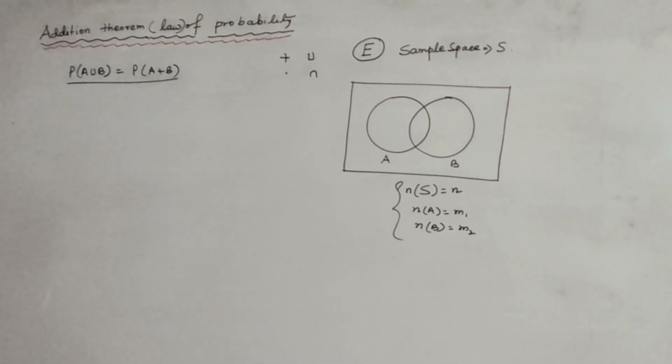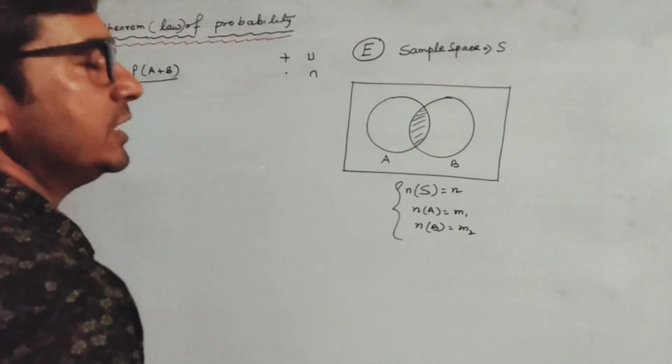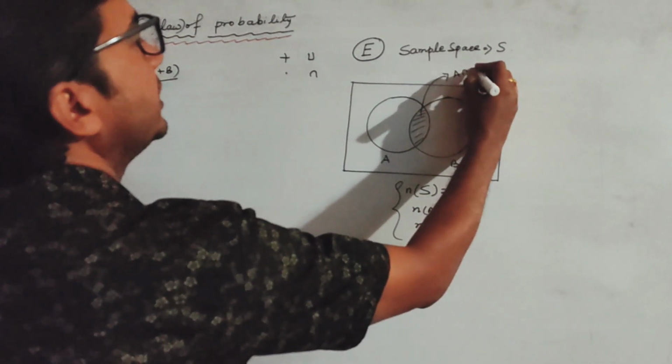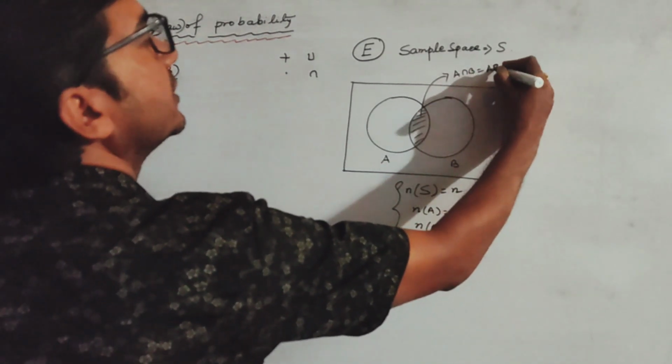To find the probability of A plus B, we first see from the diagram that this portion is the common part of A and B, known as A intersection B, or AB.